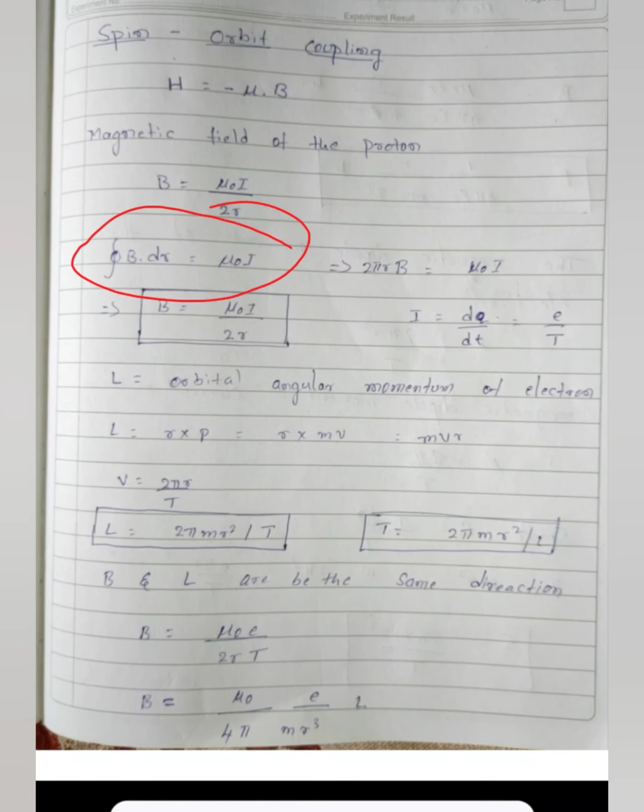Here we take the circular path. The path is circular, so the total distance of the circular path, its circumference, is 2 pi r. R is the distance between the nucleus and the electron.